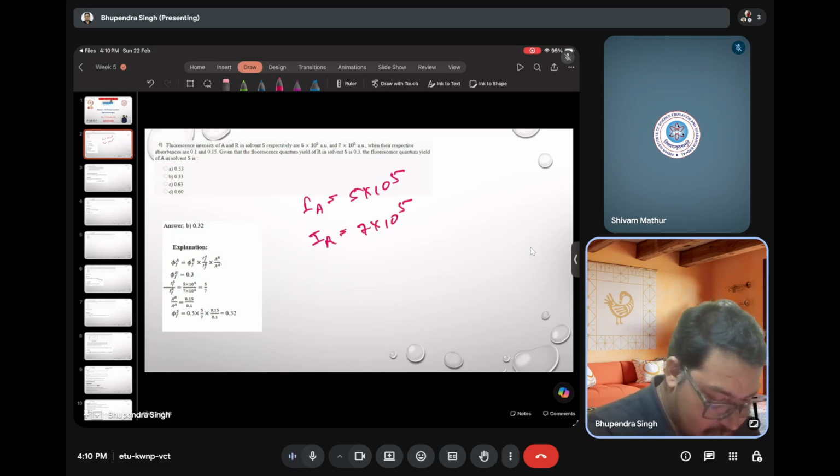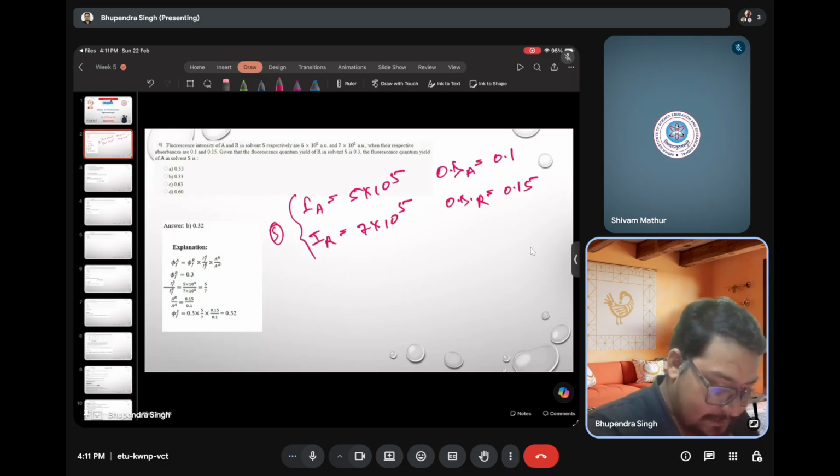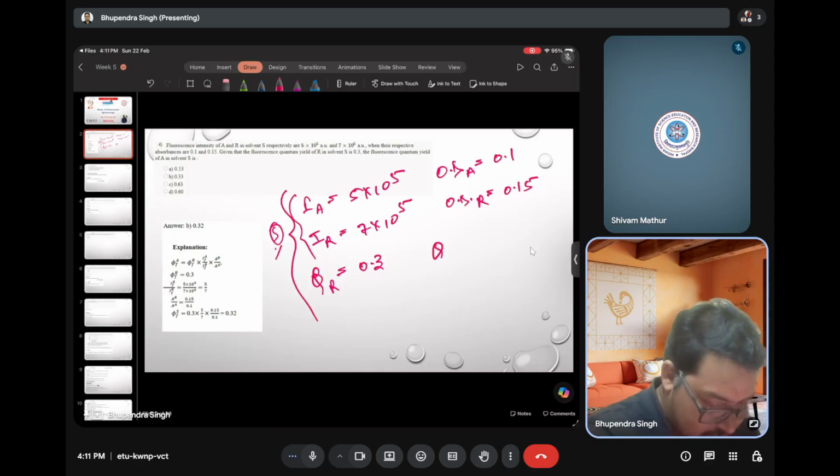Their respective absorbances, OD of A is 0.1 and OD of R is 0.15, in solvent S. Given that the fluorescence quantum yield of R in solvent S is 0.3, basically they are asking for the fluorescence quantum yield of A.